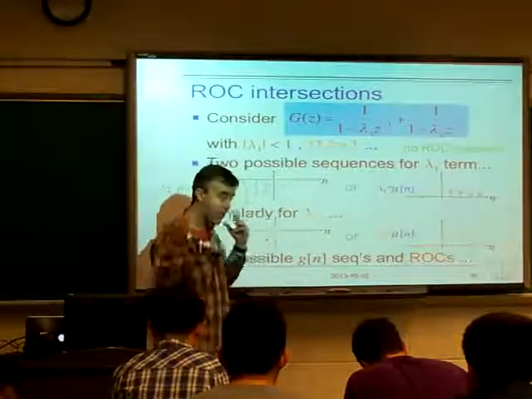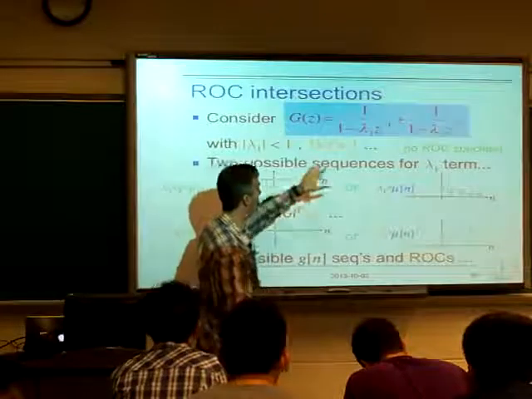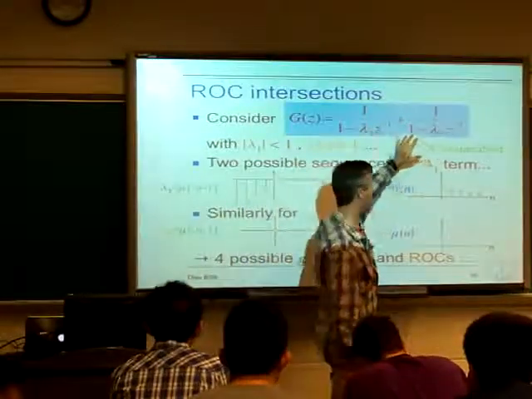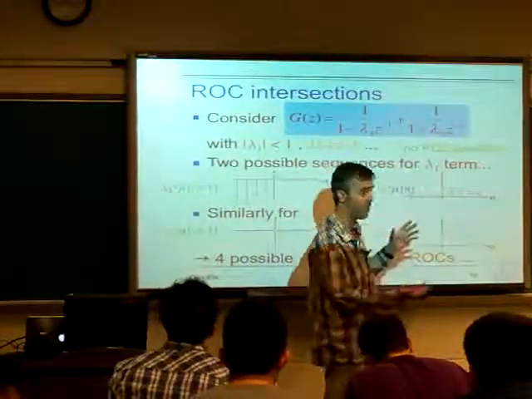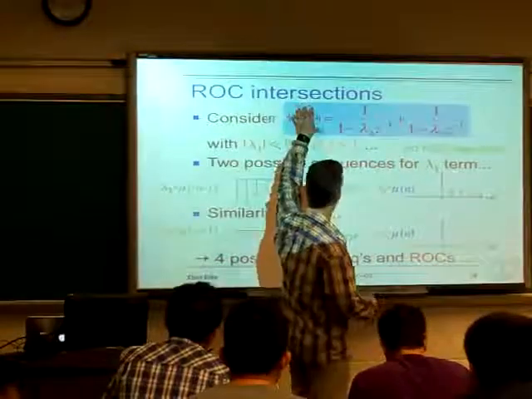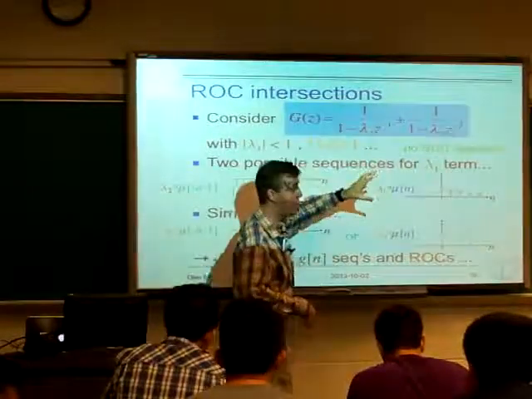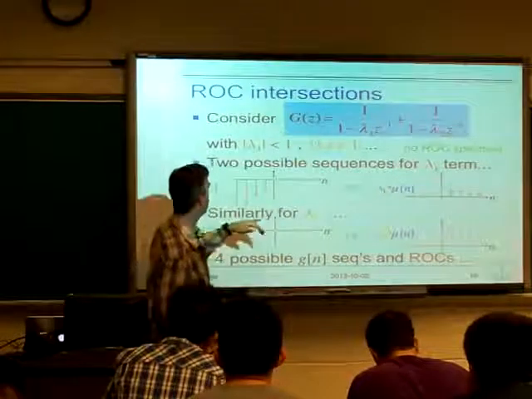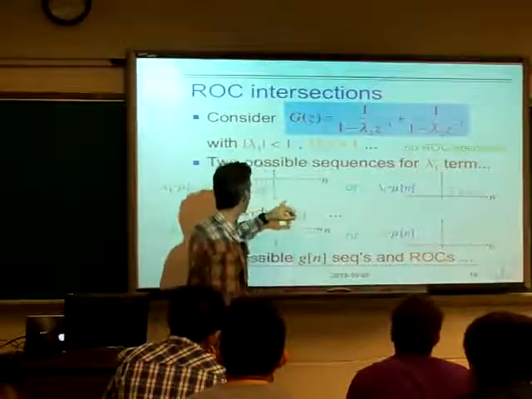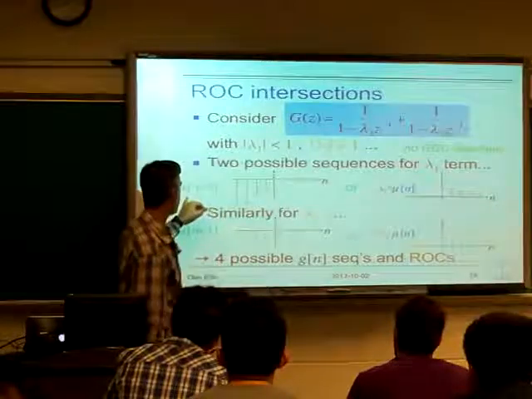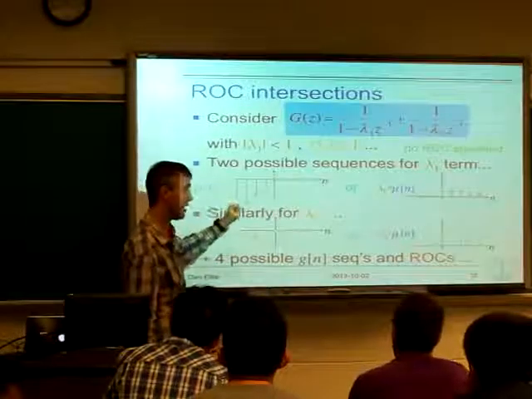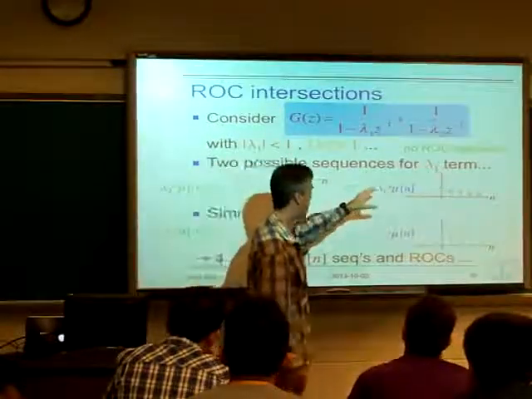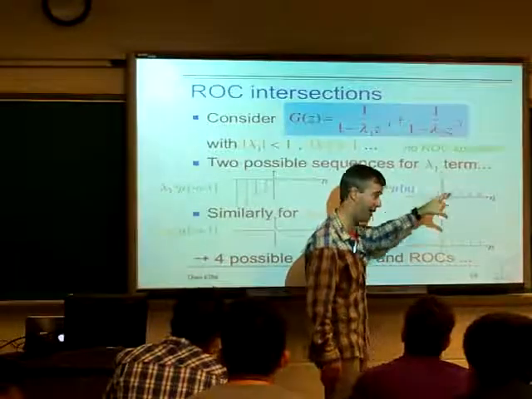Based on this previous slide, each of these terms could correspond to two different sequences with different regions of convergence. We haven't specified the region of convergence for this, so until we specify it, there's some ambiguity here. This first term, lambda 1, could correspond to this left-sided sequence, which means the region of convergence is the inside of some circle, or this right-sided sequence, which would be the region of convergence outside a circle.